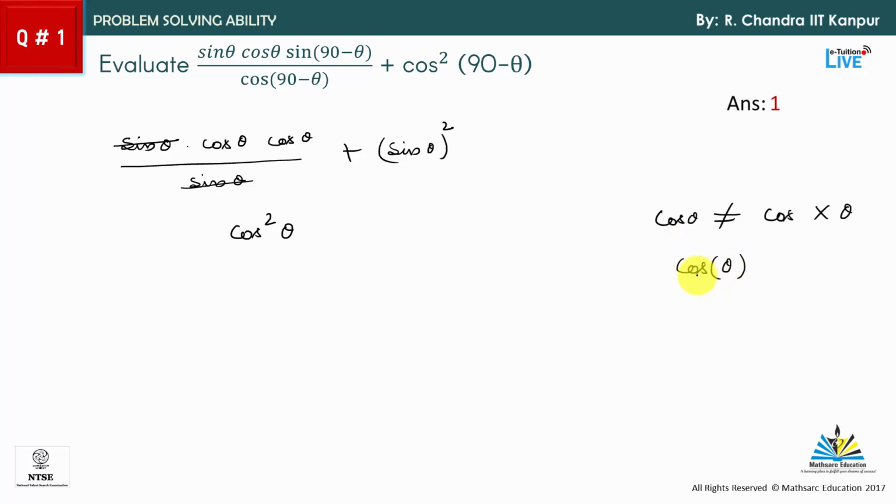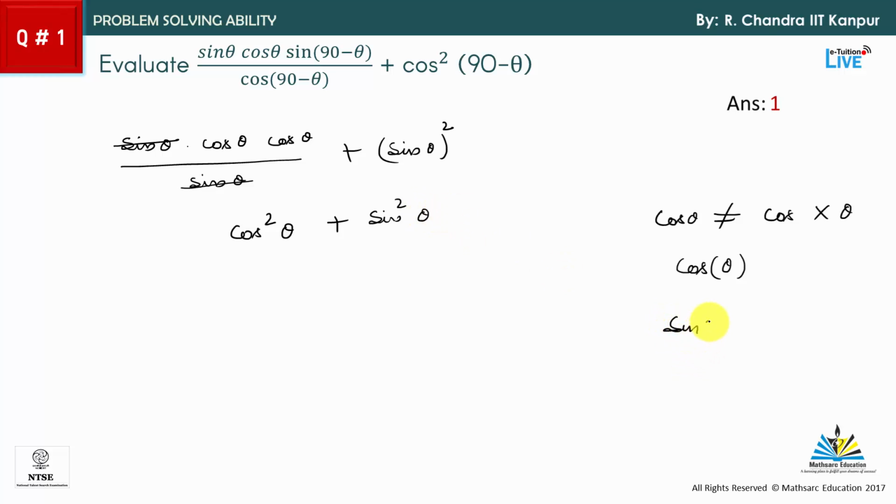Cos of theta. This is symbolic representation. Cos of theta, and these two are not two values. So cos theta into cos theta is cos square theta, plus sine theta whole square, which is equal to sine square theta.